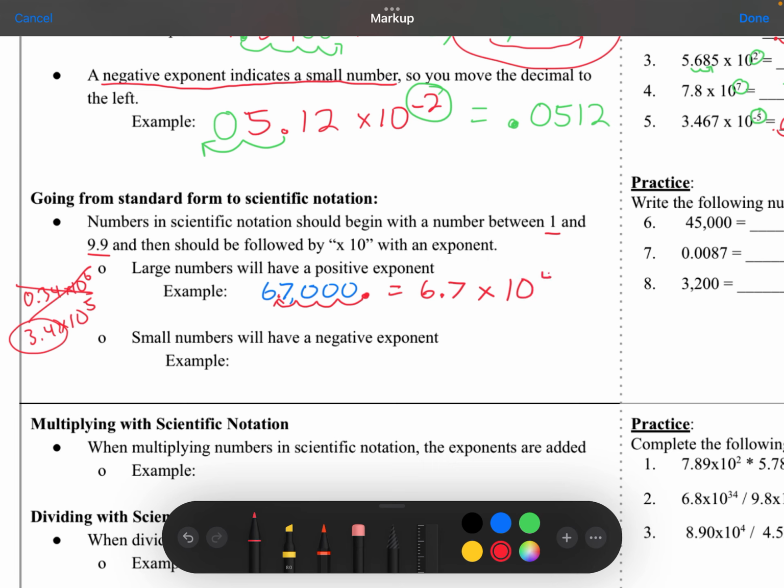So that means that my exponent is going to be a 4. I know that my exponent is a +4 because I know that positive exponents represent big numbers, and 67,000 is a big number, right?